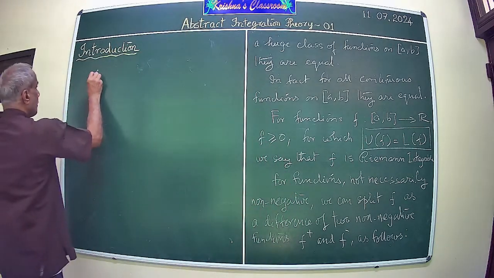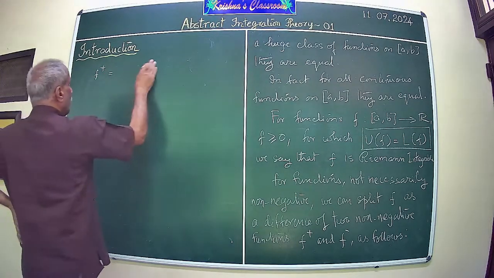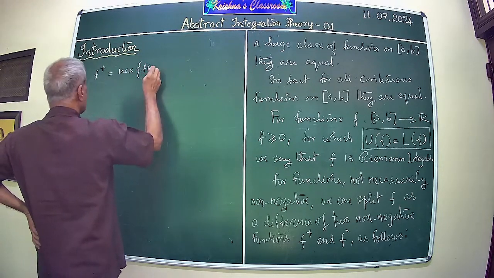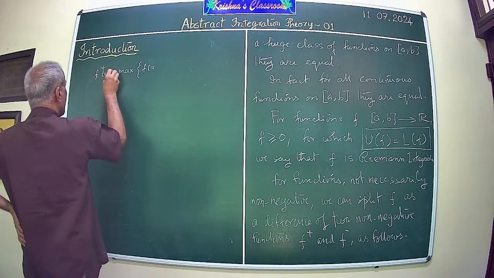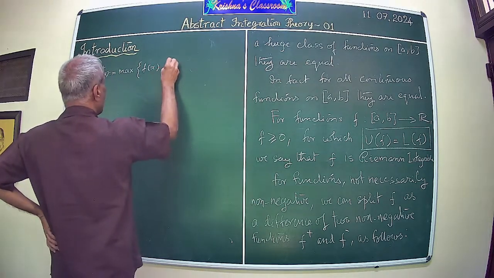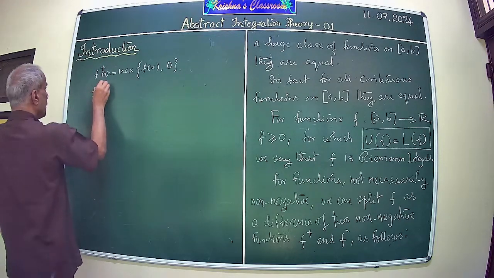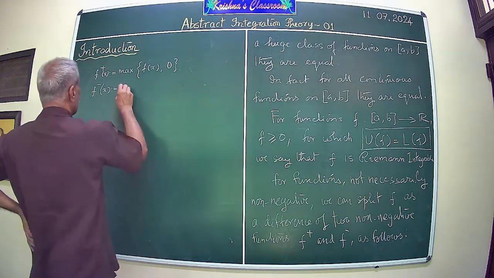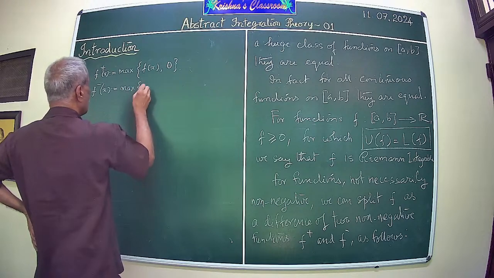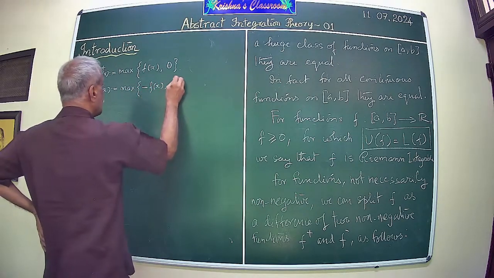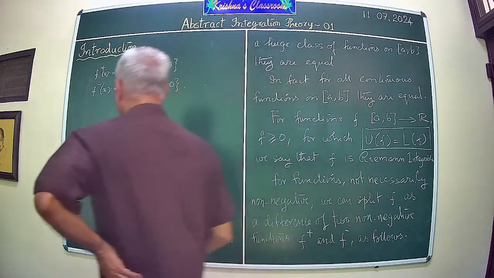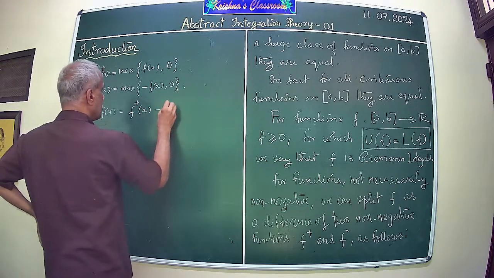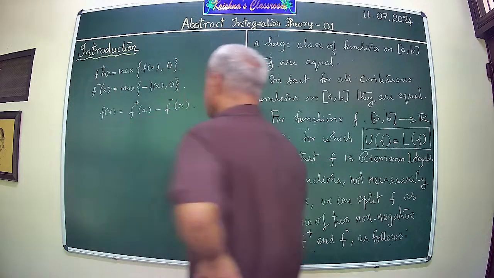Comes as f plus is zero. Then you have f(x) equal to minus x.